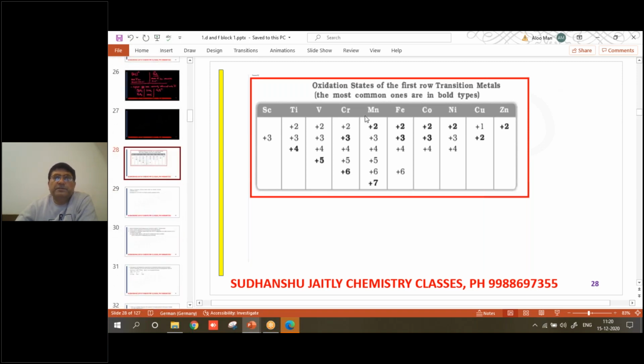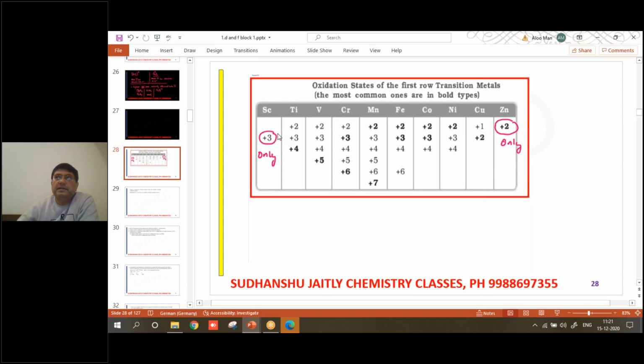Oxidation state of first row elements. Pay attention: scandium shows only +3. Zinc has been found to show only +2. Whereas silver and copper go into +1 and +2 as well. Yes, I'm not joking, silver has also been found to go into +2.